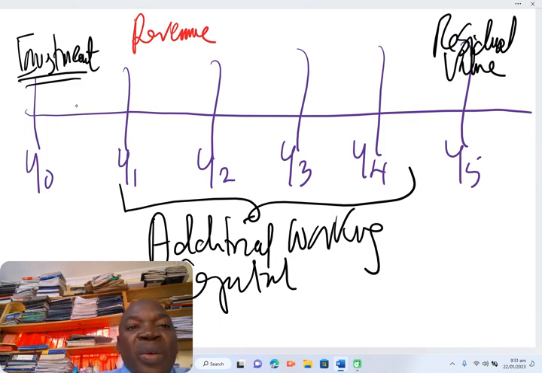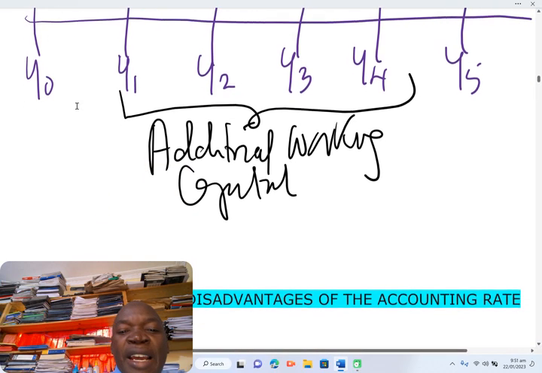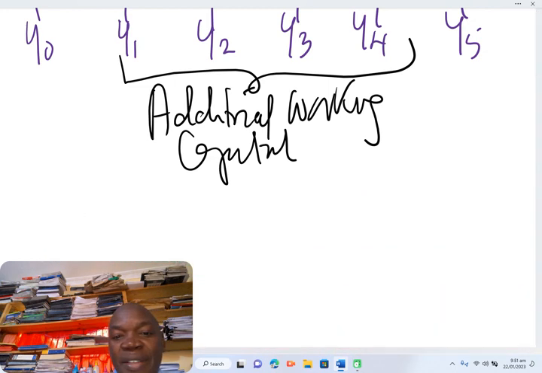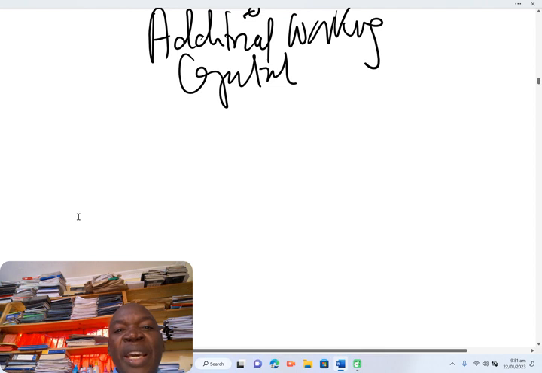And we need to estimate the expenses each year. Now, the IRR is telling us as follows. You must be very much aware here.